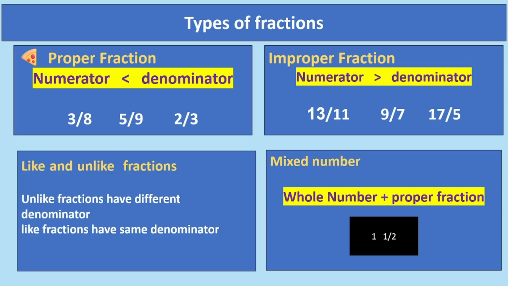So I eat one whole orange and a half of another one. This is the mixed number, which consists of whole number plus proper fraction.